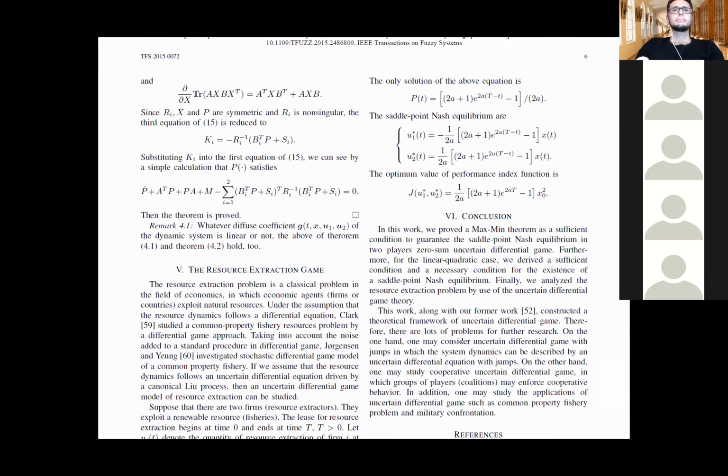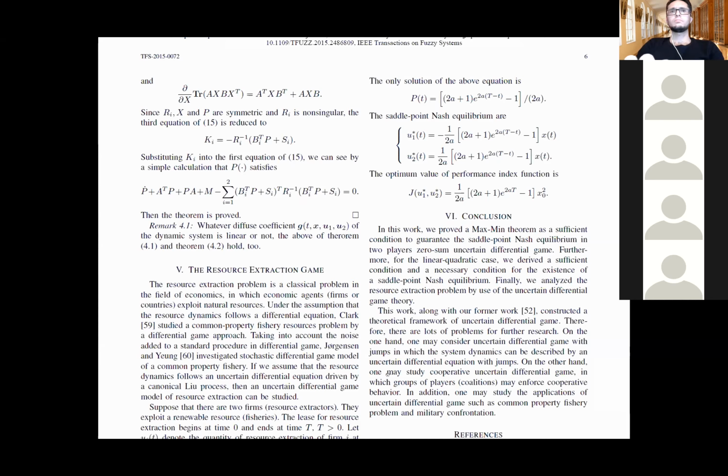In the future work, we may consider uncertain differential games with jumps. Nowadays, no previous studies have investigated uncertain differential games with jumps. So if we want to continue with these differential games, we can continue investigating this model.